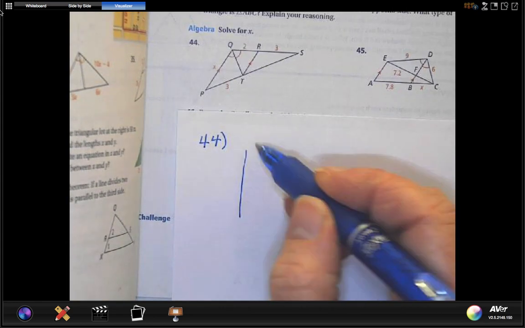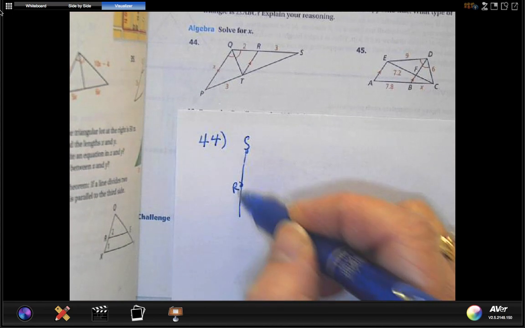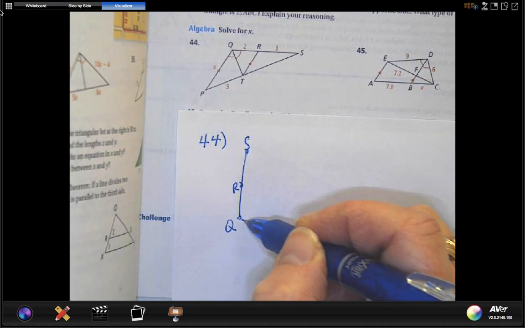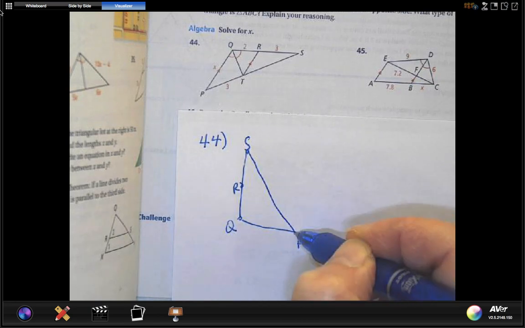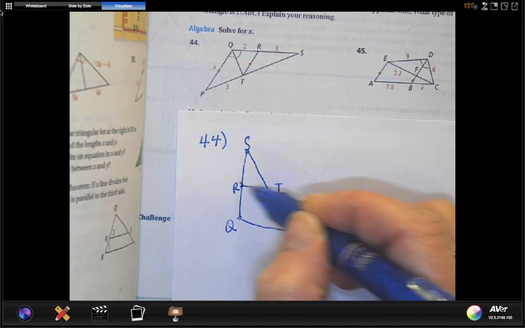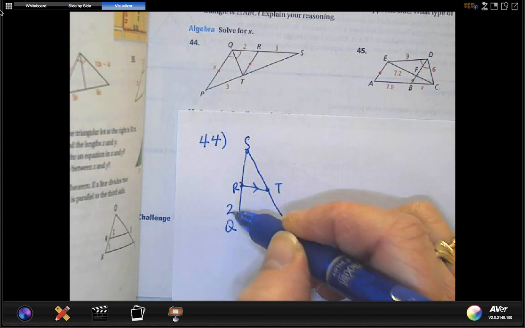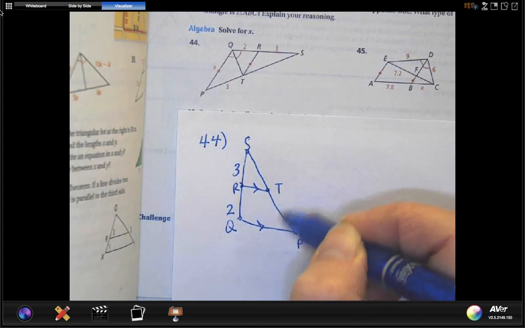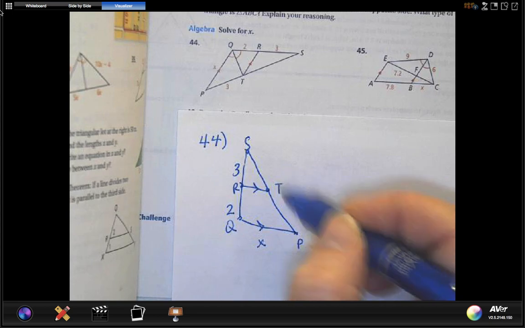Oh, okay. So I'm going to flip the triangle a little bit here so you can see something. Let's call this S. So that's S, here's R, here's Q, and here's P, and here's T. And this line right here is parallel to this line, and QR is 2, RS is 3, QP is x, and PT is 3.